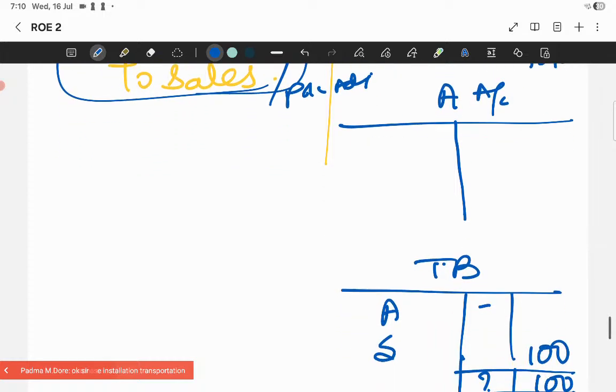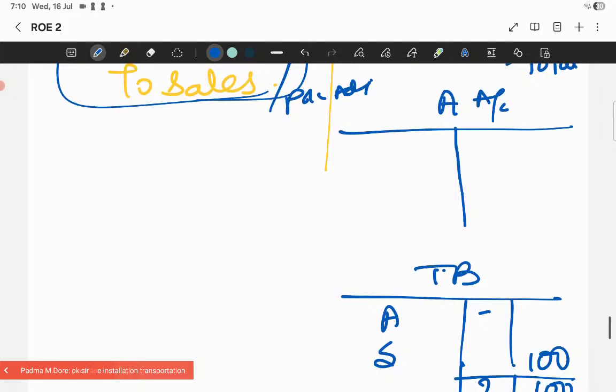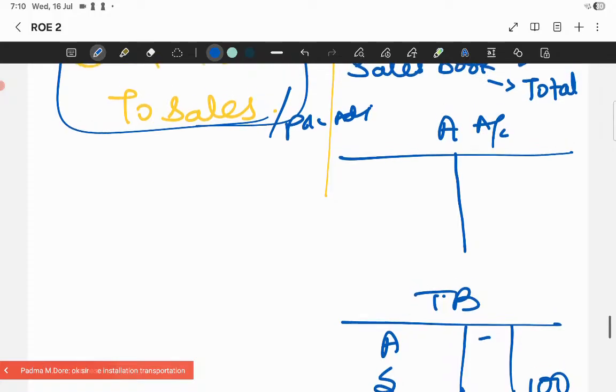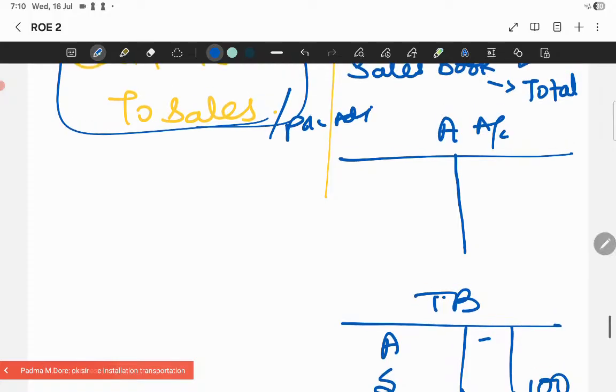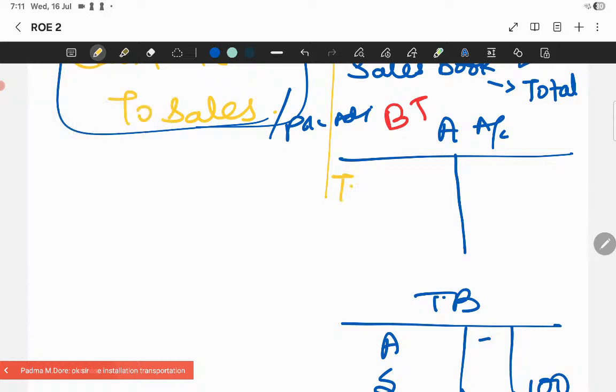Okay, now let me come to this point. First, in case of before trial balance, I will take the steps here only. Now let me write here BT. If it is before trial balance, what will I do? I said it is before trial balance, it will be dealt in statements. कैसे deal करेंगे हम लोग?